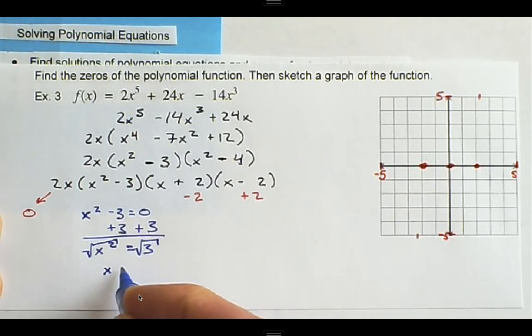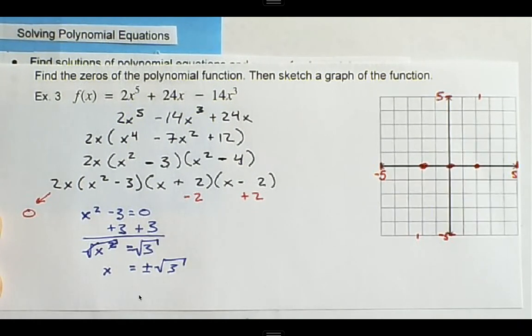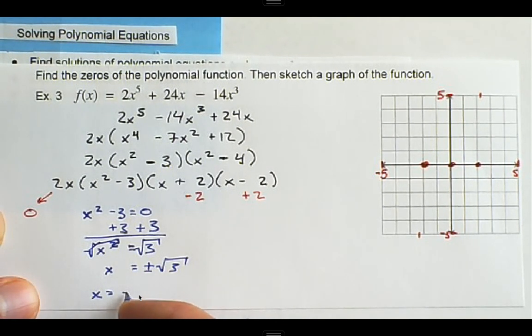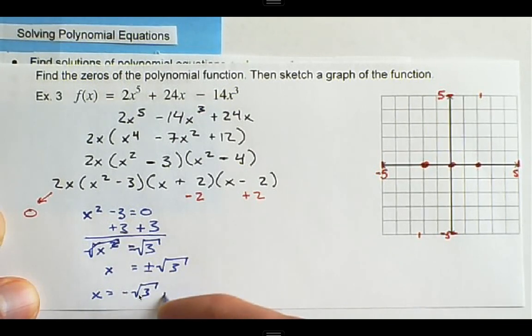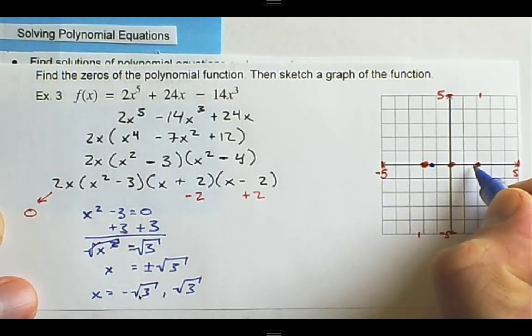Anytime we take the square root during solving, we have to do plus or minus the square root of 3. And our radical cancels our square. So we're left with this, which actually gives us 2 more zeros. We get x is equal to negative square root of 3 and x is equal to square root of 3. And those zeros will pop up just a little bit inside of the 2.